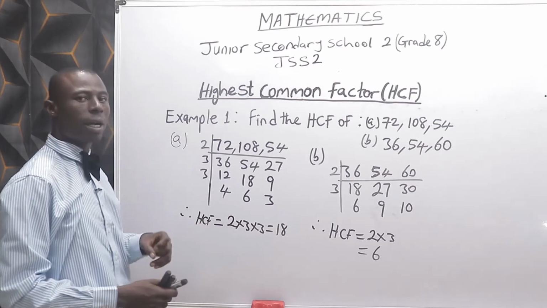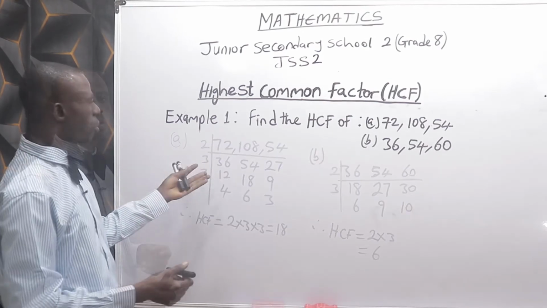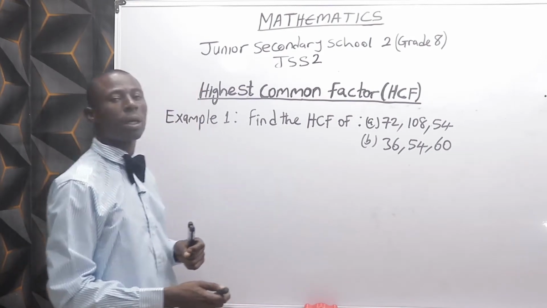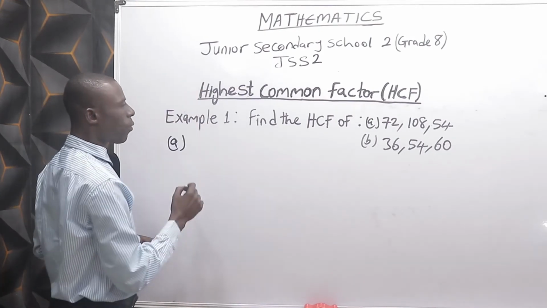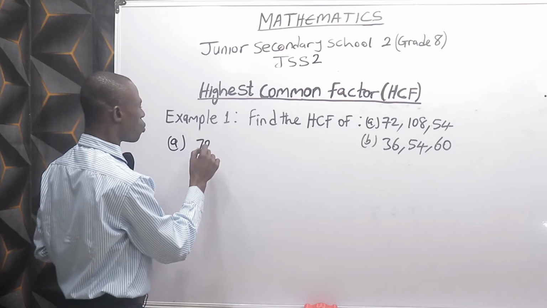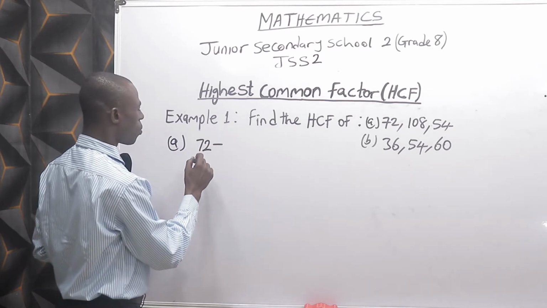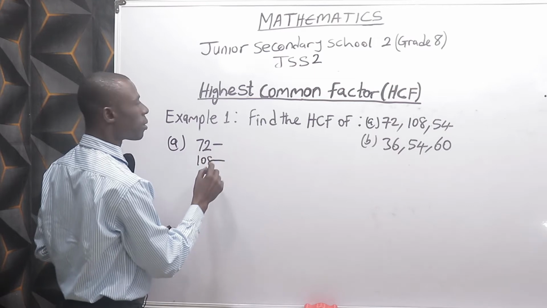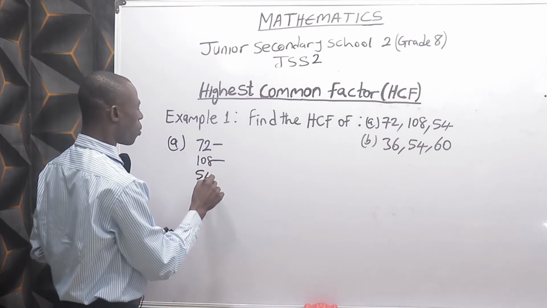Let's consider another approach. Let's consider the same question using the product of prime factors approach. For question A, we write 72, 108, 54.